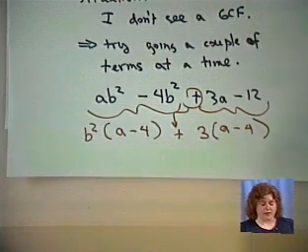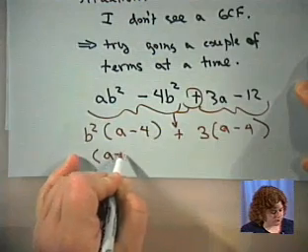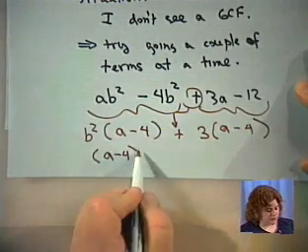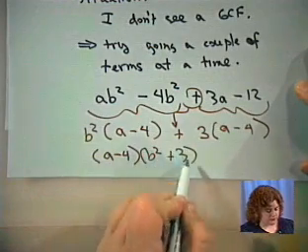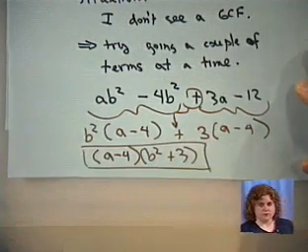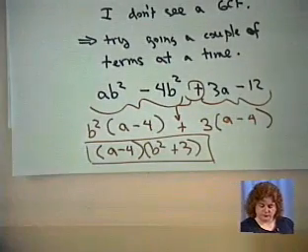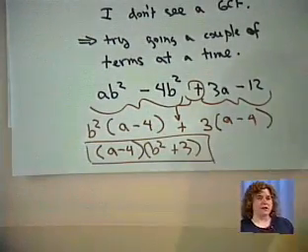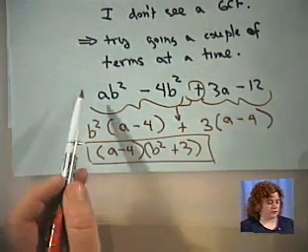So let me pull that out, and put my leftovers in parentheses, b squared plus 3. Now I've got something factored, and it is coming out as a product of 2 binomials. That entire process is the factor by grouping method.